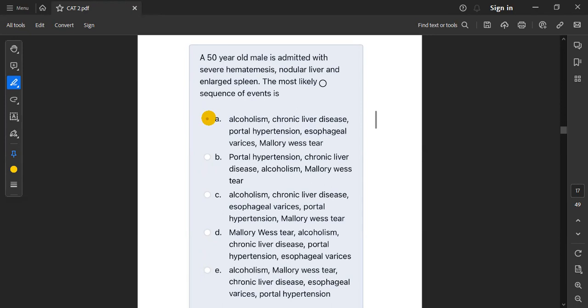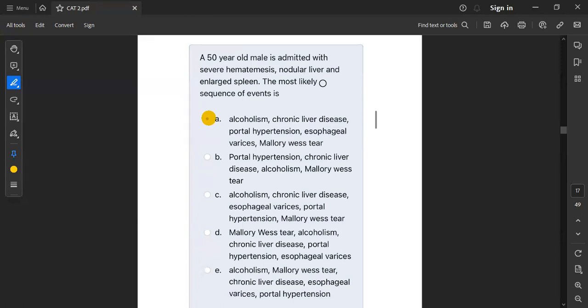And therefore, this build-up in pressure, this resistance, is what you call portal hypertension. Now, as this blood looks for other places to follow, it will end up in the various plexuses, such as the plexus around the esophagus, right?